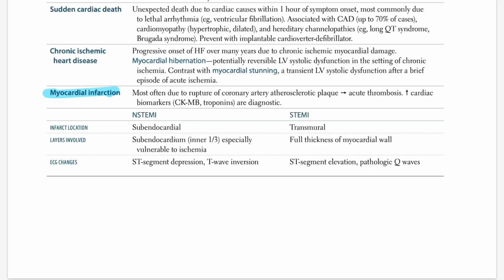Myocardial infarction is most often due to rupture of the coronary artery atherosclerotic plaque, which causes acute thrombosis, so complete occlusion, which causes increase in cardiac biomarkers.